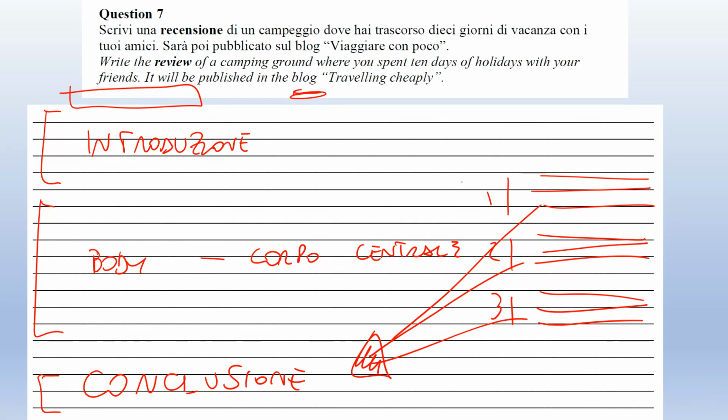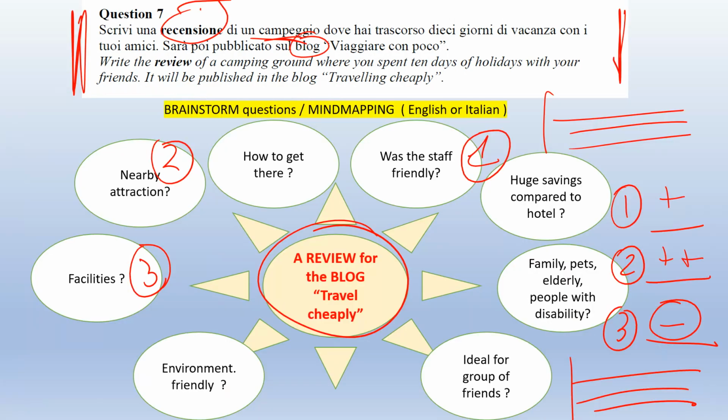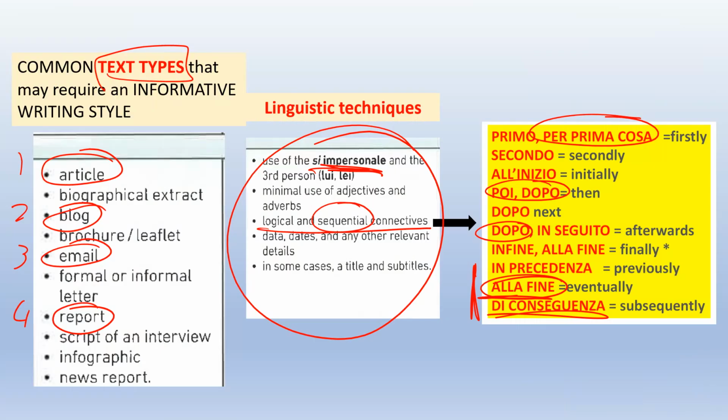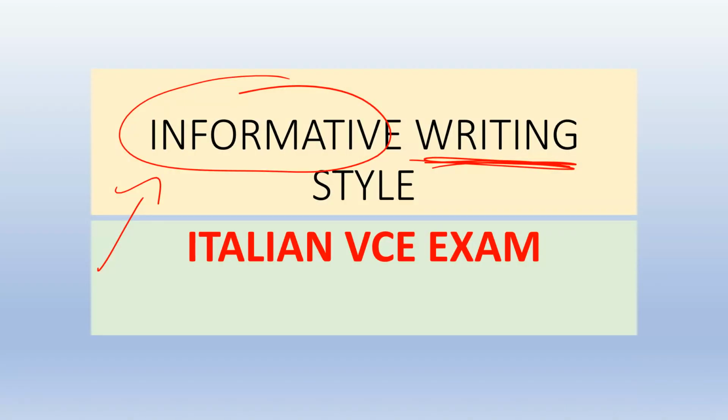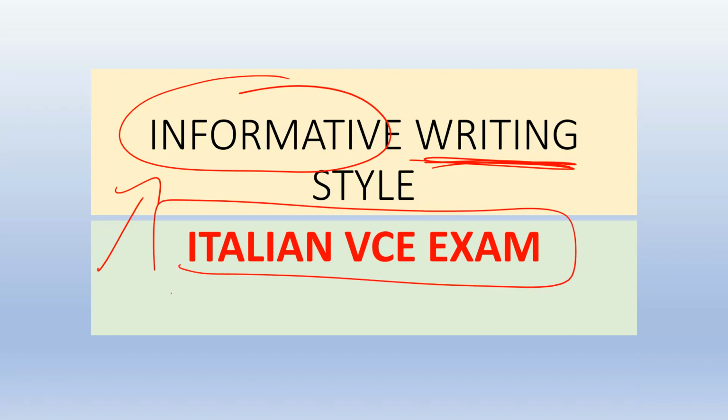Not secondo me, but you are, in this case, obviously giving just an objective review of the camping ground. So I hope that this has helped you a bit with il stile informativo e buona fortuna per l'esame.